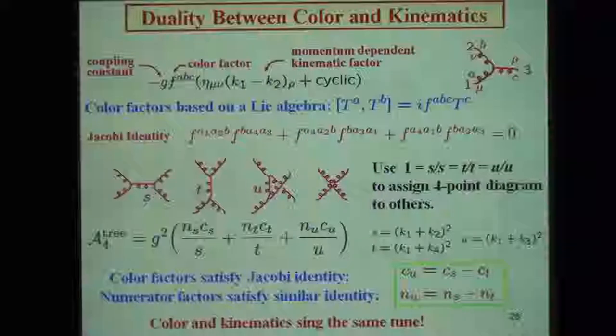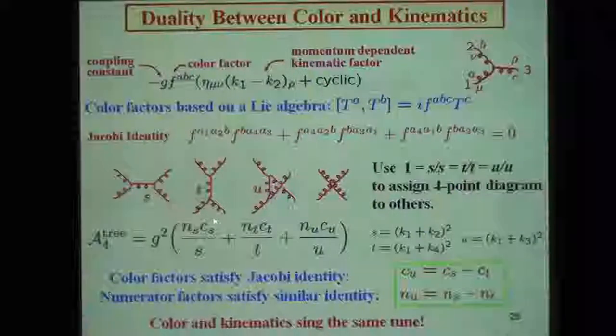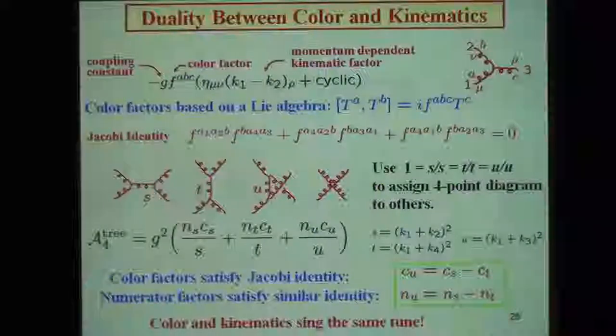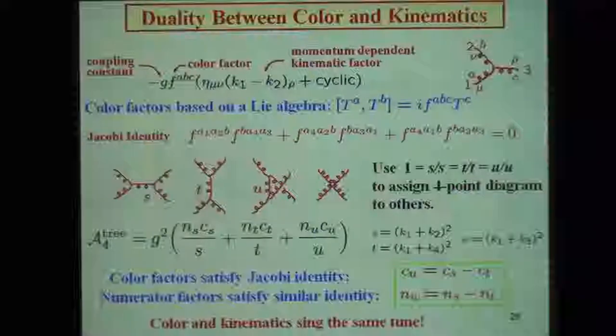And as soon as I do that, something remarkable happens. And what happens is the numerator factors, so these are numerators, there's the Feynman propagators, S, T, and U. These numerator factors, they obey exactly the same Jacobi identity. Those minus signs just have to do with the way the diagrams are drawn.